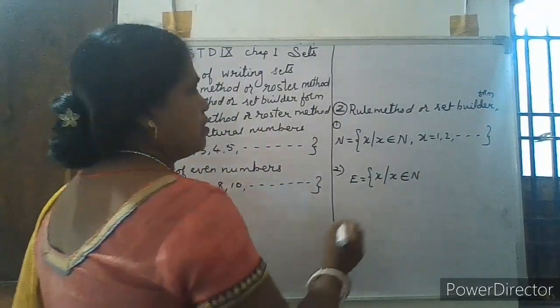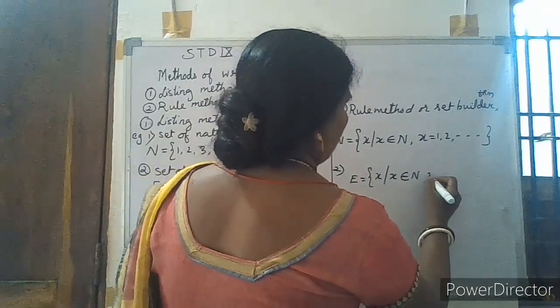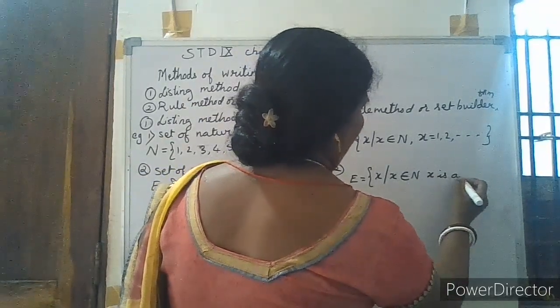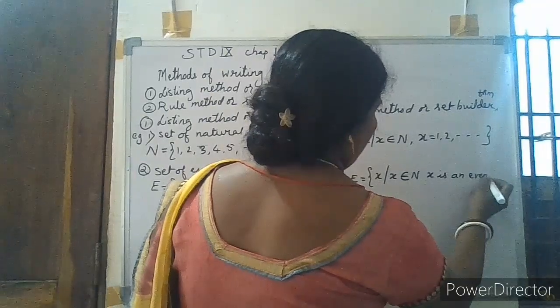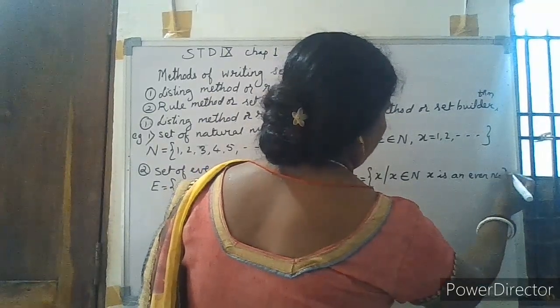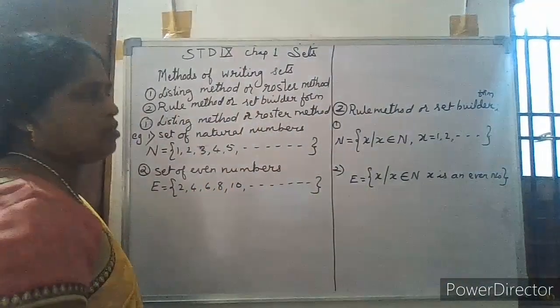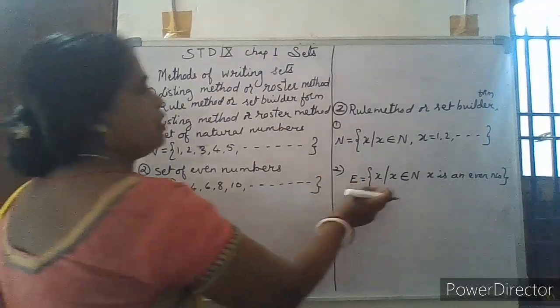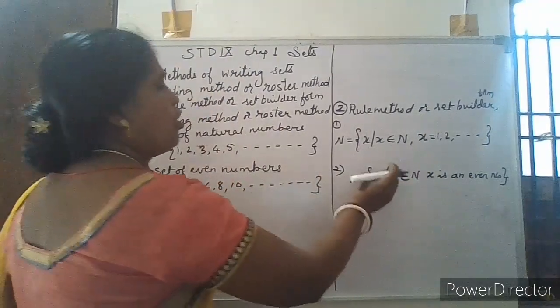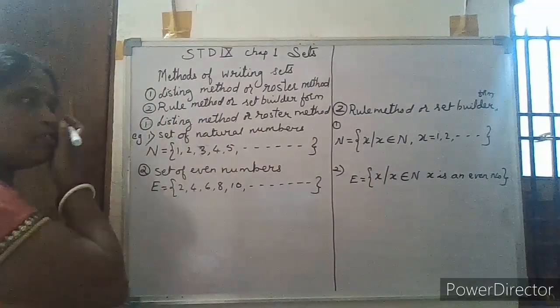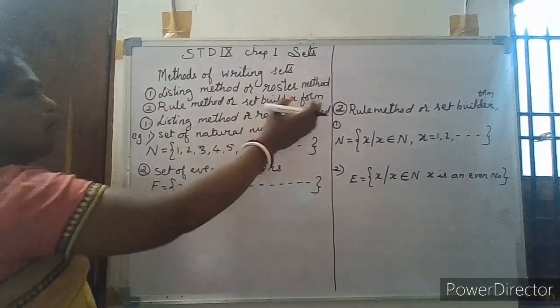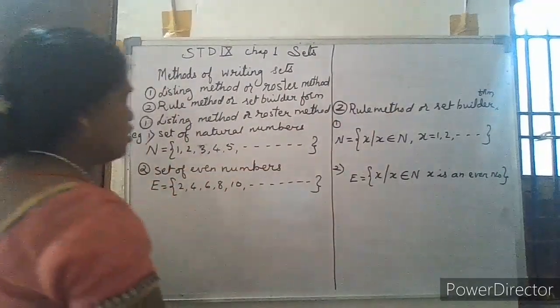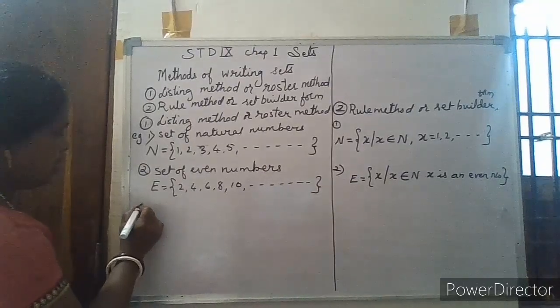Yes, but X is an even number. This way we write. We show it with words. We do not write the elements in the set rule method or set builder form.